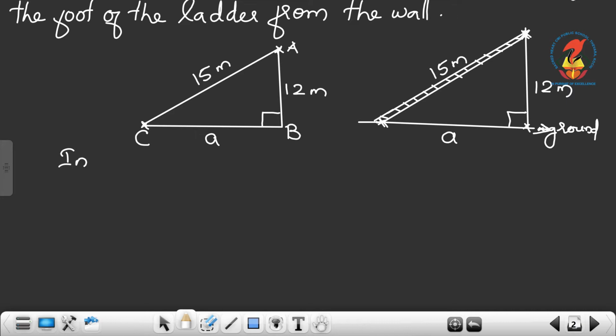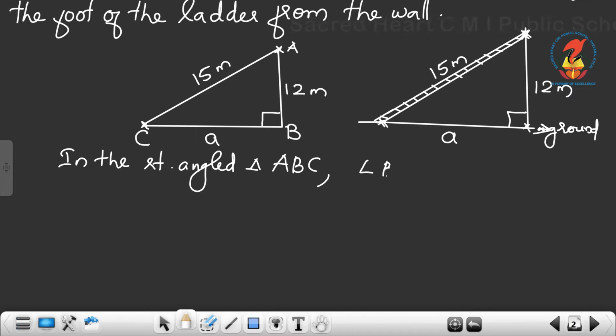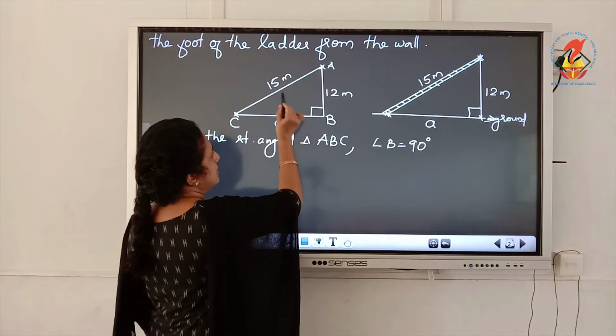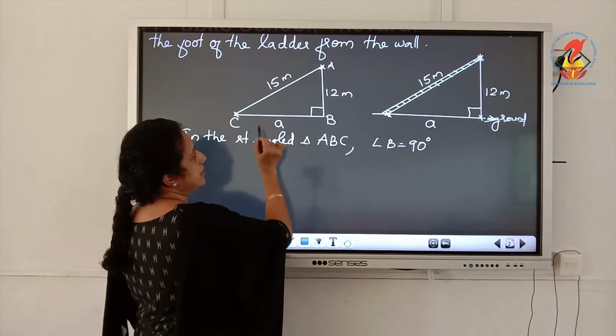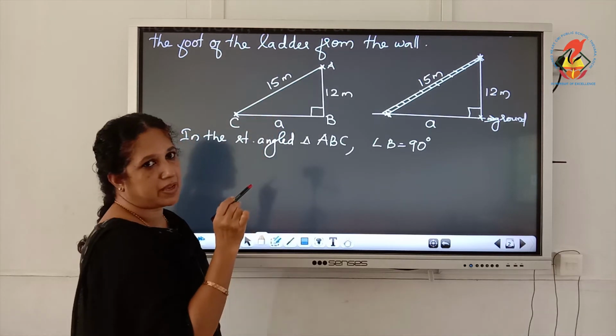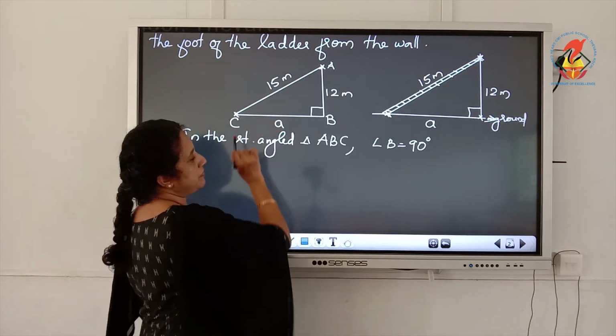So in the right angled triangle ABC, angle B is equal to 90 degrees. Now the side opposite to angle B is AC or CA, and that side is known as the hypotenuse. And what is the length of the hypotenuse? 15 meters.